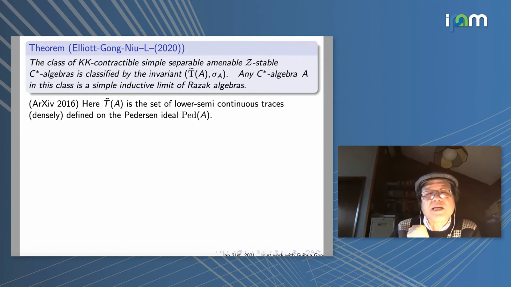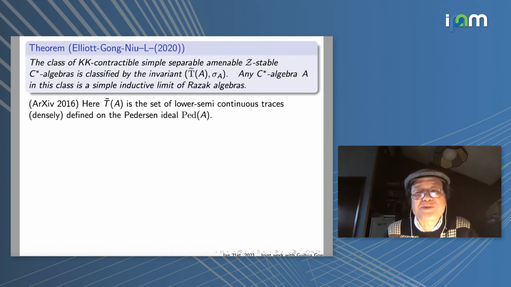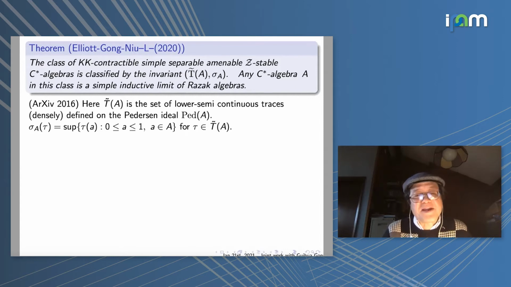So T tilde is a set of lower semi-continuous densely defined traces on the Pedersen ideal, and sigma A is the scale. That is, you take a strictly positive element, you look at the dimension function, which is the same as just what I wrote there.